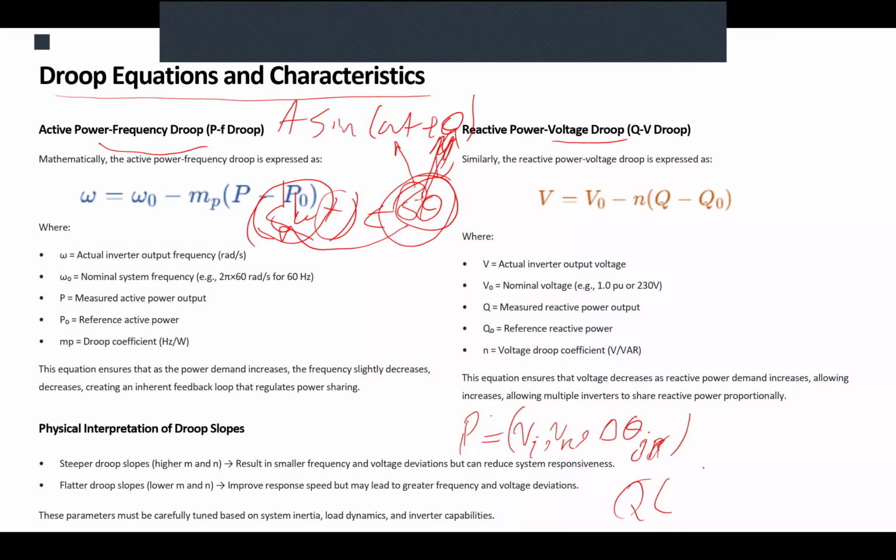And Q is a function of voltage J, voltage K, and also the delta theta JK.